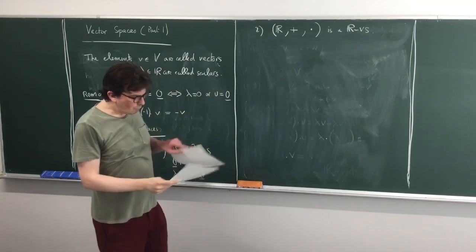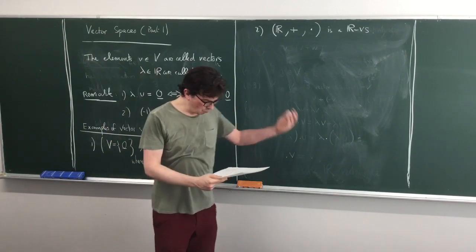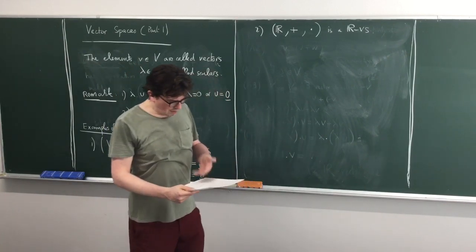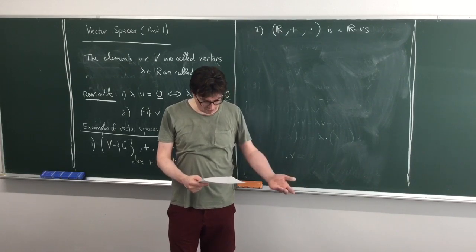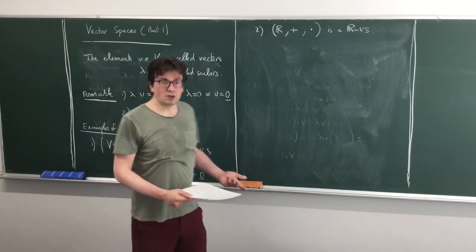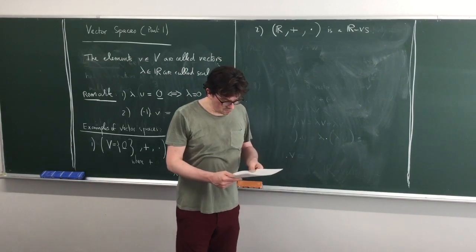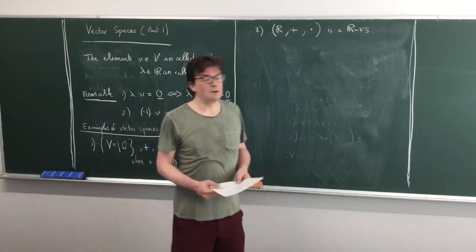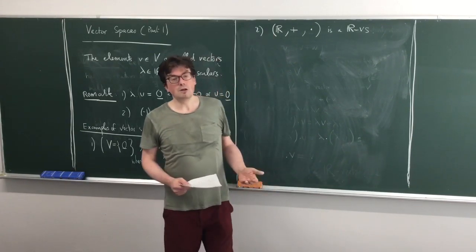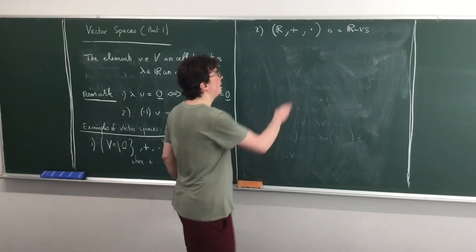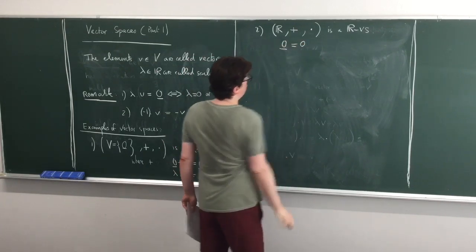Okay, why? Well, if you have a look at conditions A1, A4, so associativity and commutativity, these are natural conditions of the real numbers. The existence of the zero vector, in this case, will be just the real number 0.